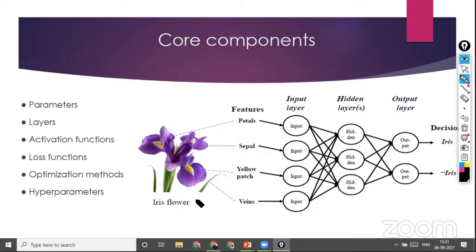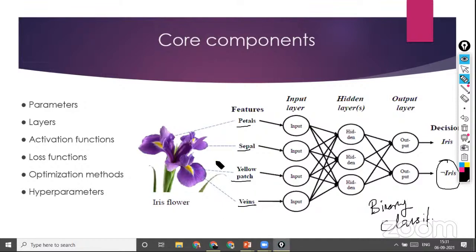Here the problem is just to classify whether it is an iris or not an iris, so we can call this a binary classification problem.